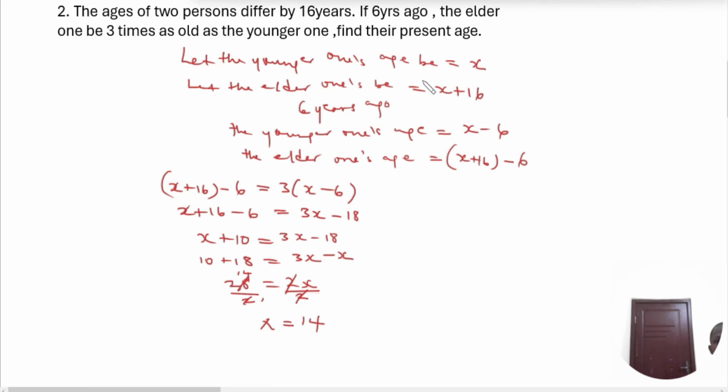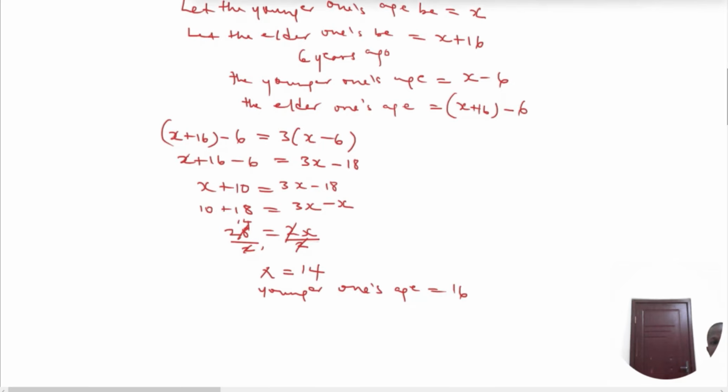So the younger one's age, since it is equal to x, will be equal to 14. Now we're going to find the age of the elder one. We know the elder one's age is x plus 16, since the ages differ by 16.